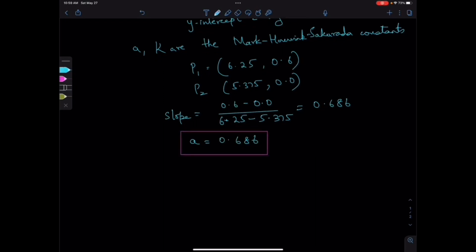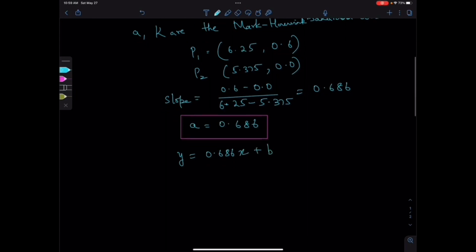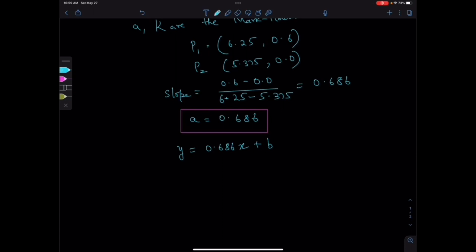Coming to the y-intercept, let us write the equation. The equation would be y equals slope 0.686 times x plus b, where b is the y-intercept. If we take the same point P1 and substitute these values, y is 0.6 and x is 6.25.